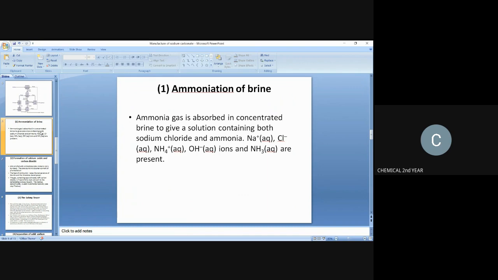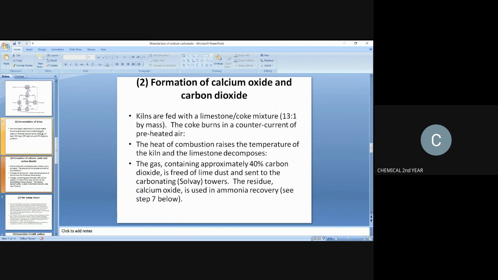The next step is formation of calcium oxide and carbon dioxide. Now, in the second step, kilns are fed with a limestone and coke mixture. The coke burns in a countercurrent of preheated air. The reaction is carbon plus oxygen gives CO2.